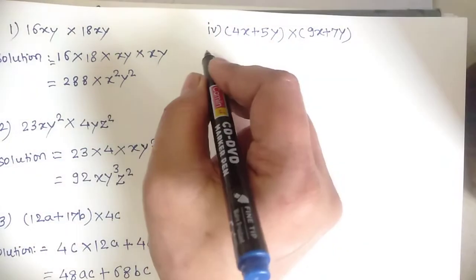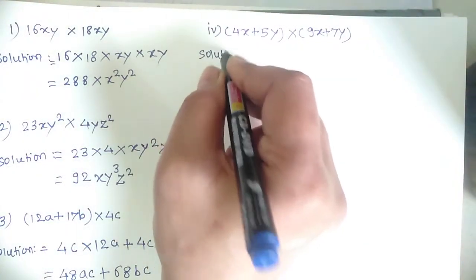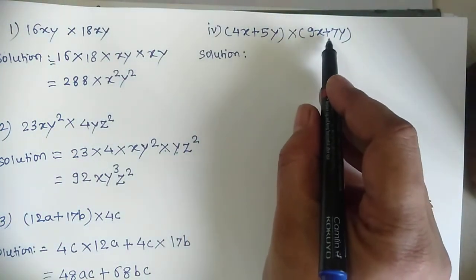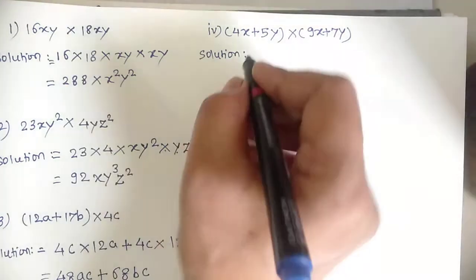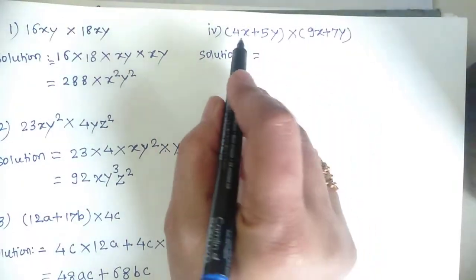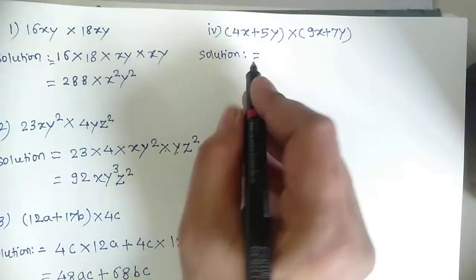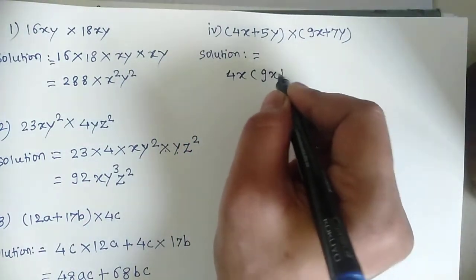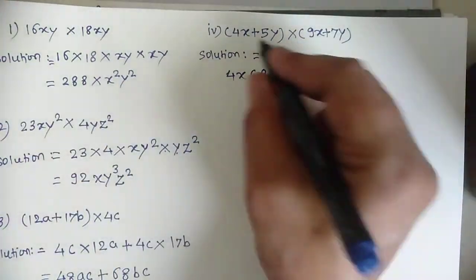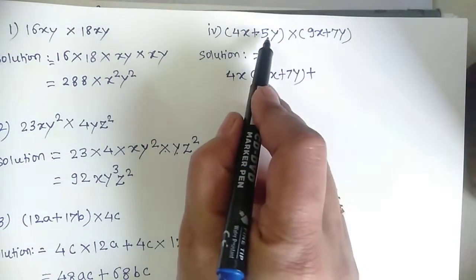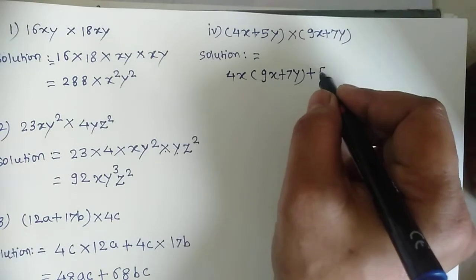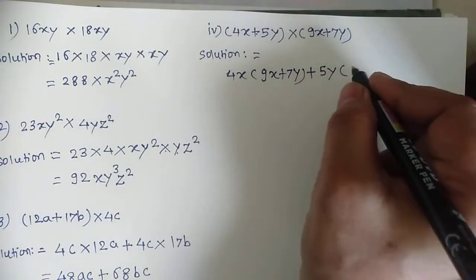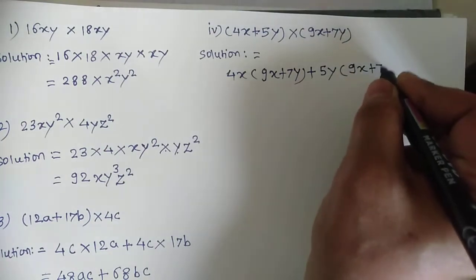See the fourth question. 4x plus 5y multiply by 9x plus 7y. See the solution is equal to, firstly the first term of first binomial is multiply with second bracket 9x plus 7y, plus now the second term of first binomial 5y into second bracket 9x plus 7y.